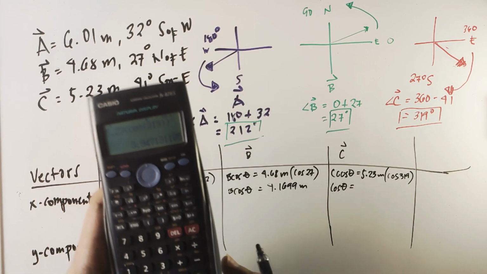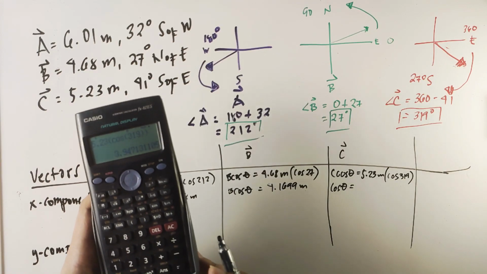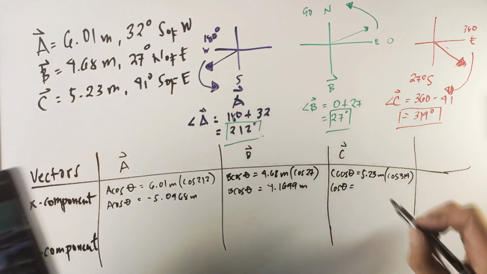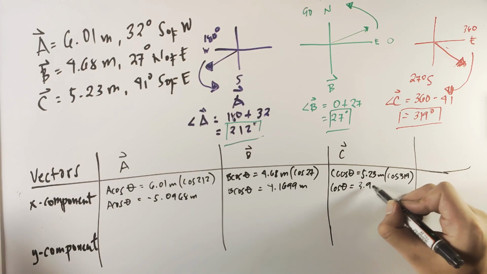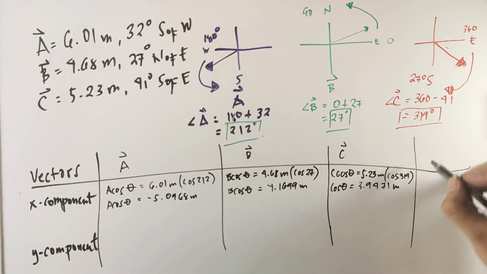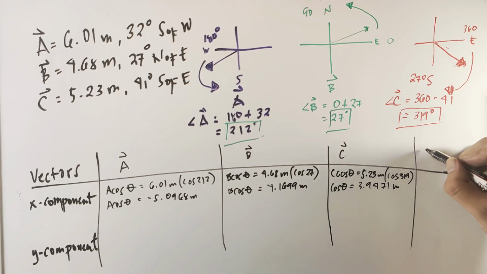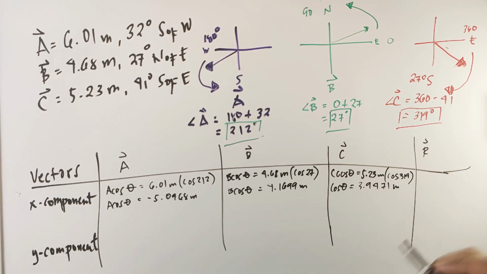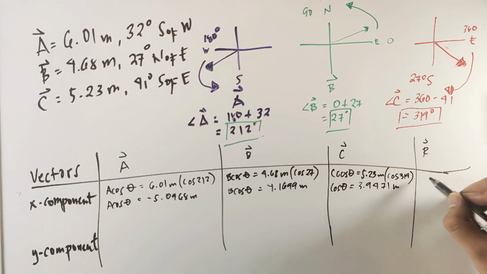As you can see, here's the answer: 3.9471 meters. Then this is our R. Okay, so we'll put that aside for later. So this is R sub X.